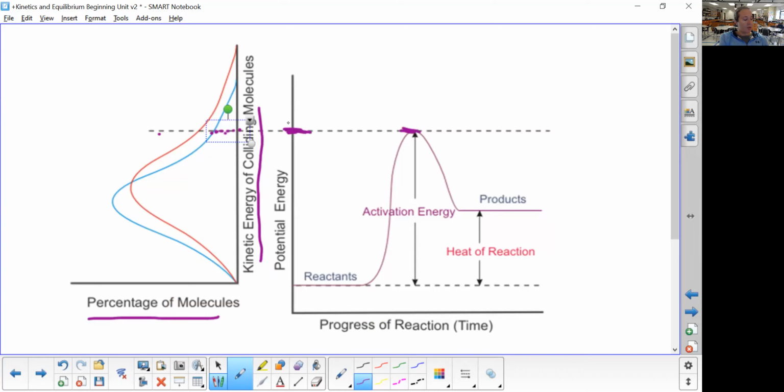Okay, so only the reactant molecules that have the sufficient energy can undergo the chemical reaction. And you can see over here that the area under the blue curve is less than the area under the red curve. So that's just showing you how temperature affects the reaction rate, as it gives the particles more kinetic energy.